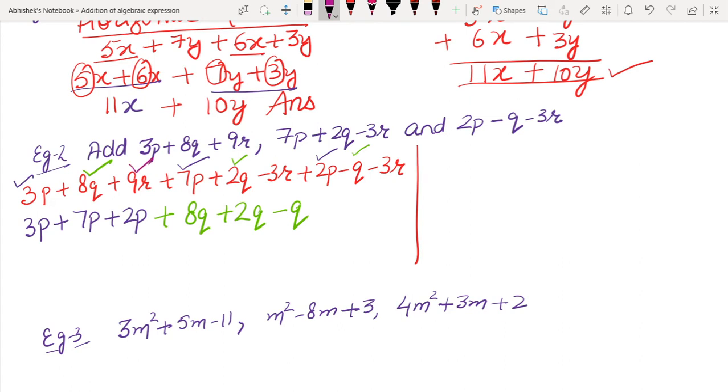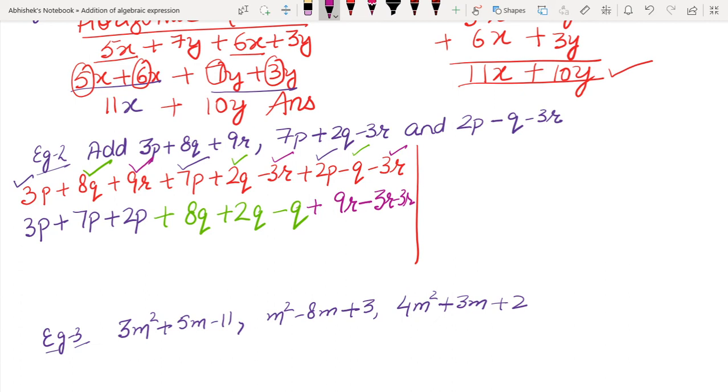It is 9r minus 3r and again minus 3r. See how many variables there are: p, q and r. So we collect first the p variable terms, then the q variable terms and the r variable terms. So we have arranged the like terms.